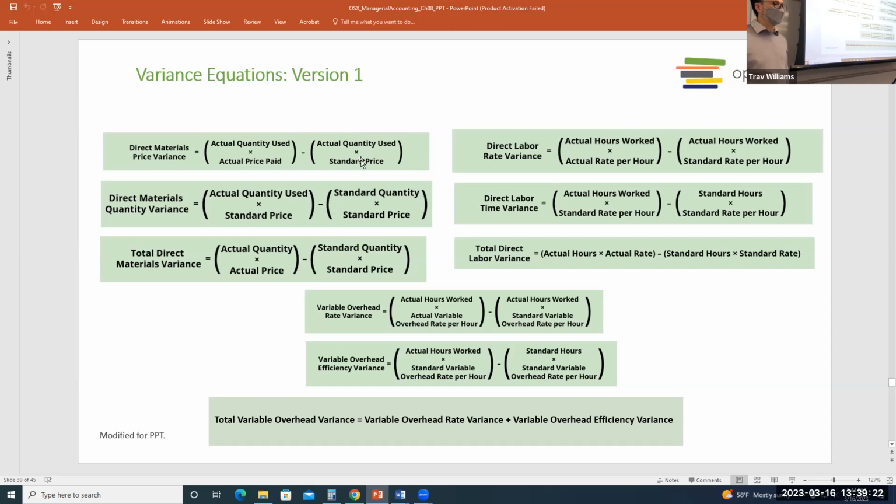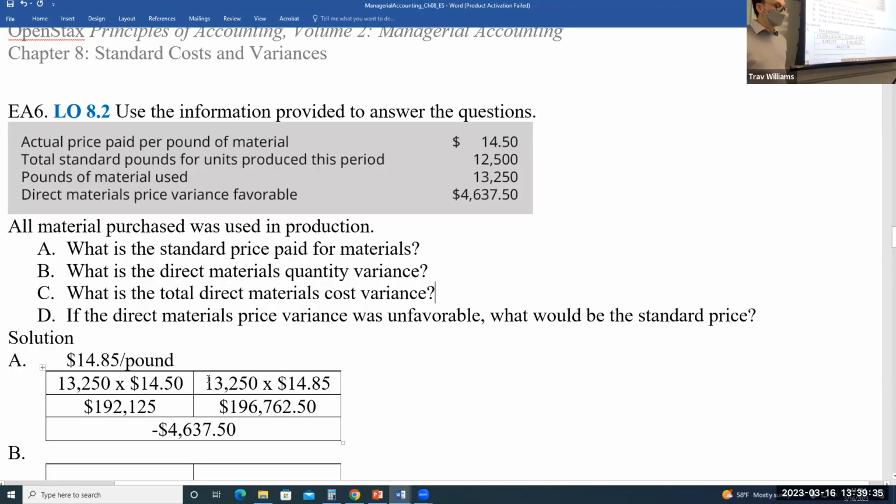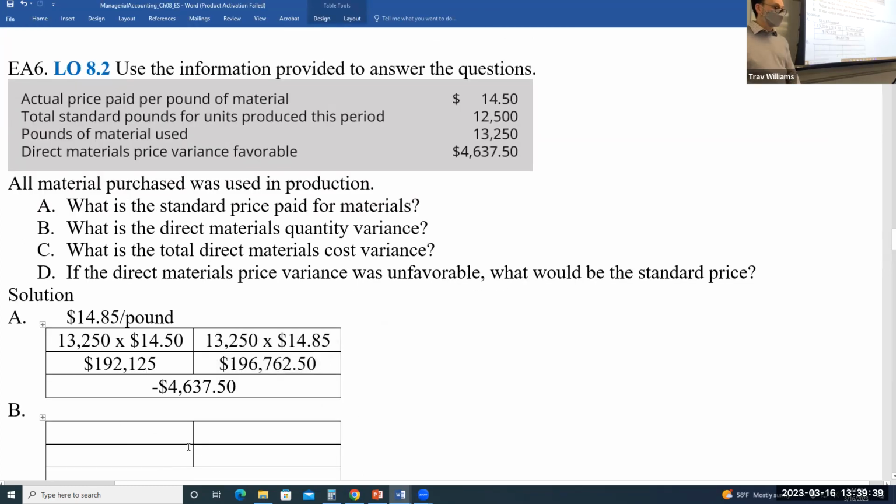You have actual quantity times standard price on the right, in the price variance, and you have the same actual quantity times standard price on the left for the quantity variance. So we can save ourselves a little time by just doing a copy paste from that formula down to this formula. And then we have to fill in the rest of the formula, which is standard quantity times standard price.